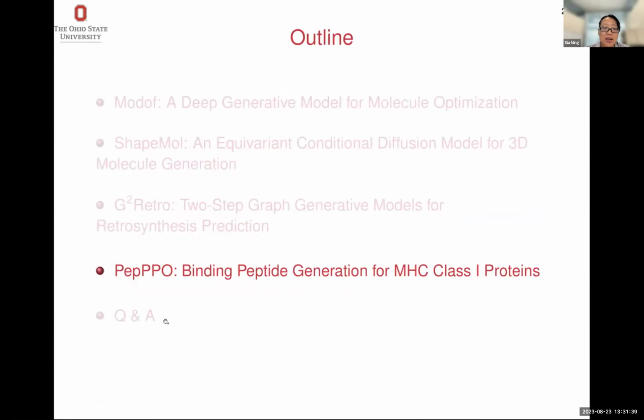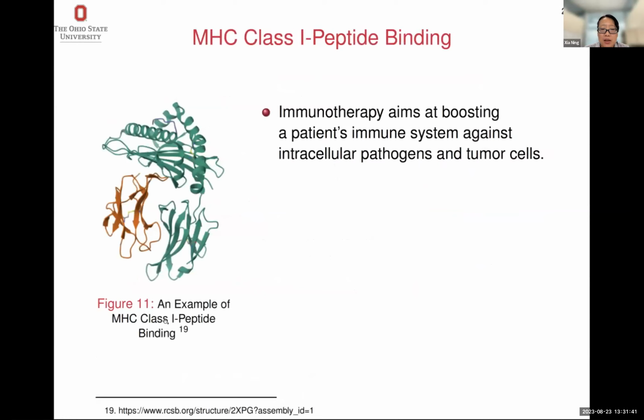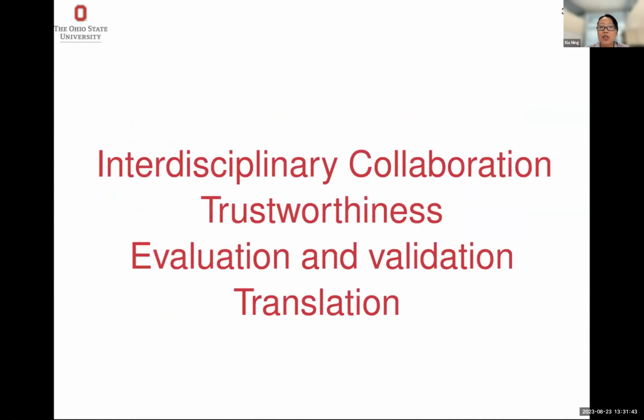So I will skip this part and talk about the challenges, or also the opportunities here. I see generative AI for science as really interdisciplinary research, and we do need domain knowledge from different disciplines, for example, in our case, chemistry.